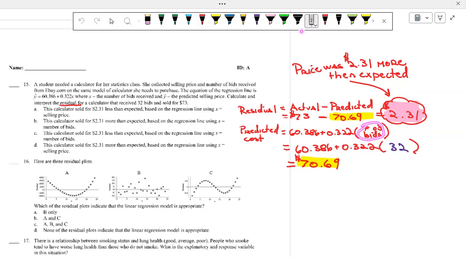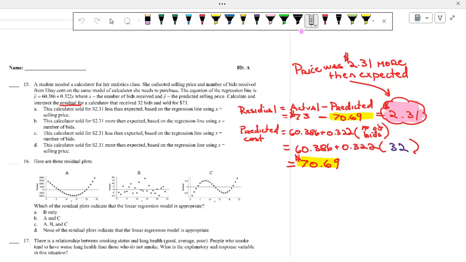So the predicted or expected price was $70.69. However, the calculator sold for $73. So if we subtract the expected from the actual, we get the residual, which was $2.31.